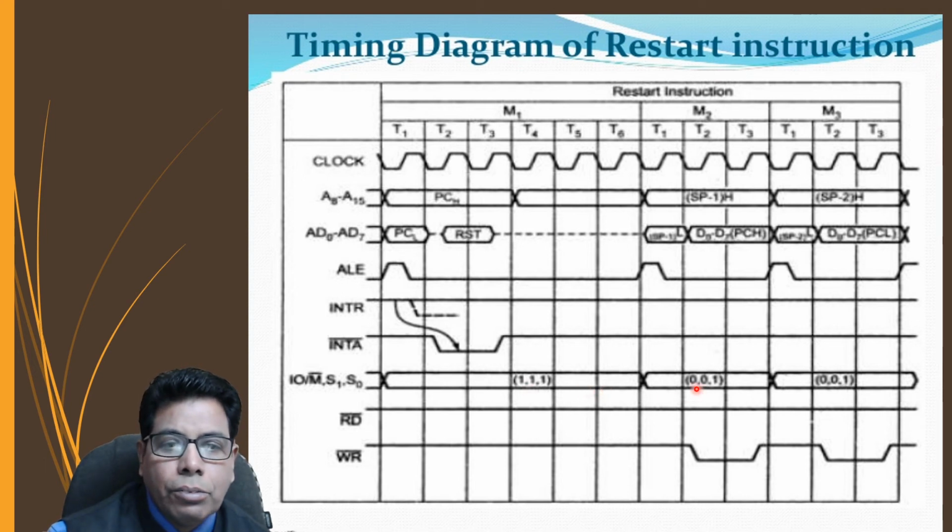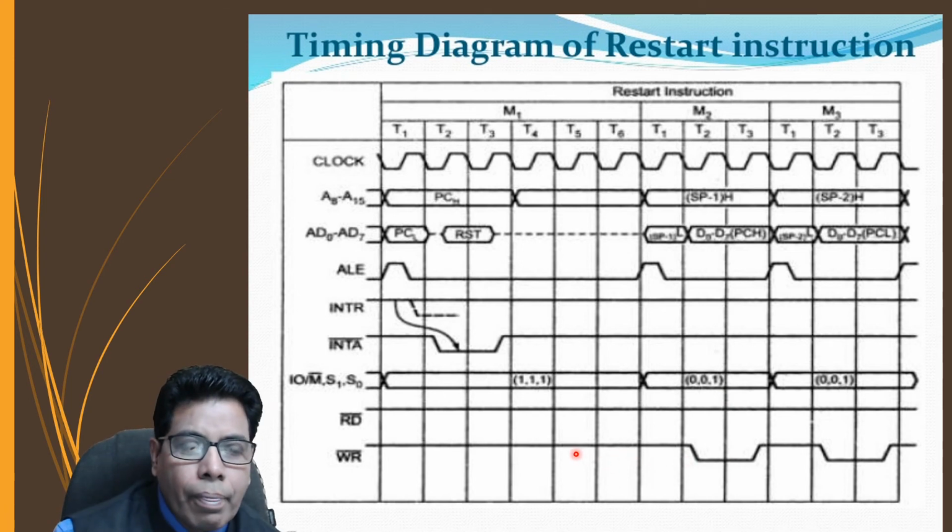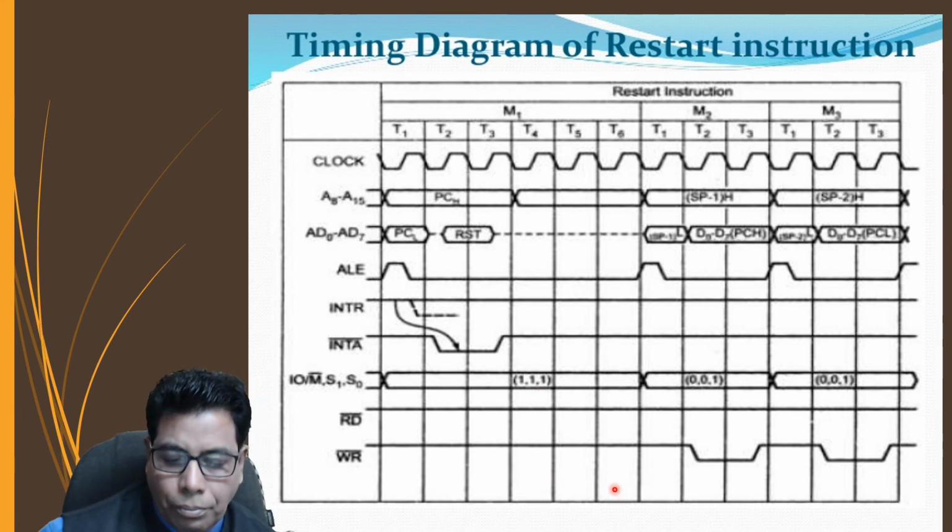So here IO/M bar will be 0, then S1 and S0 will be 1 1, and this is the interrupt acknowledge cycle, that's why it will be 1 1 0.